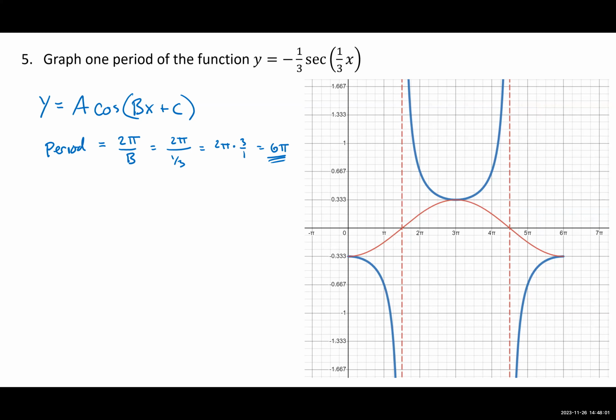Right, so we have a change in amplitude. We have a change in period. And we've got a negative out front. So that's a reflection over the x-axis.